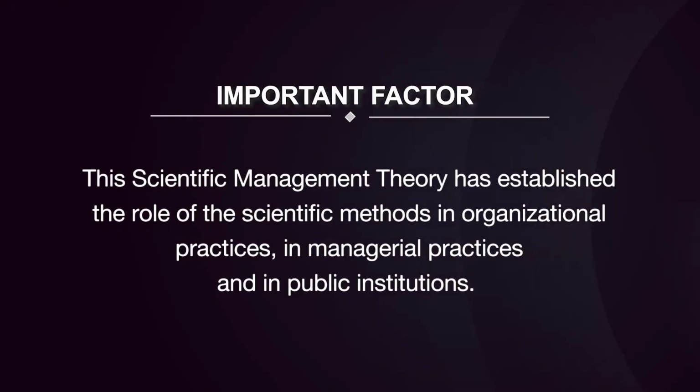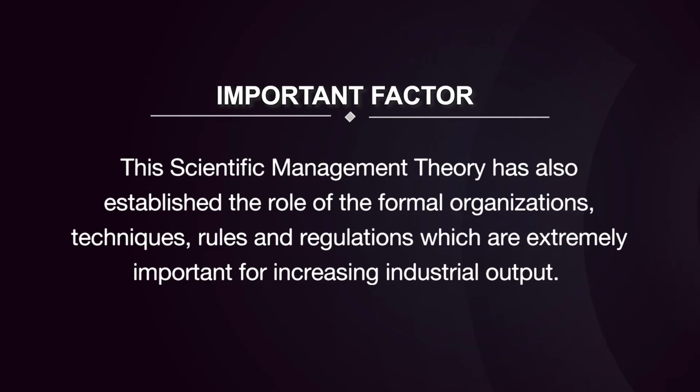Another important factor that we need to keep in mind is that this theory has established the role of the scientific methods in organizational practices, in managerial practices, and in public institutions. We also need to keep in mind that this theory has also established the role of the formal organizations, techniques, rules and regulations which are extremely important for increasing industrial output.